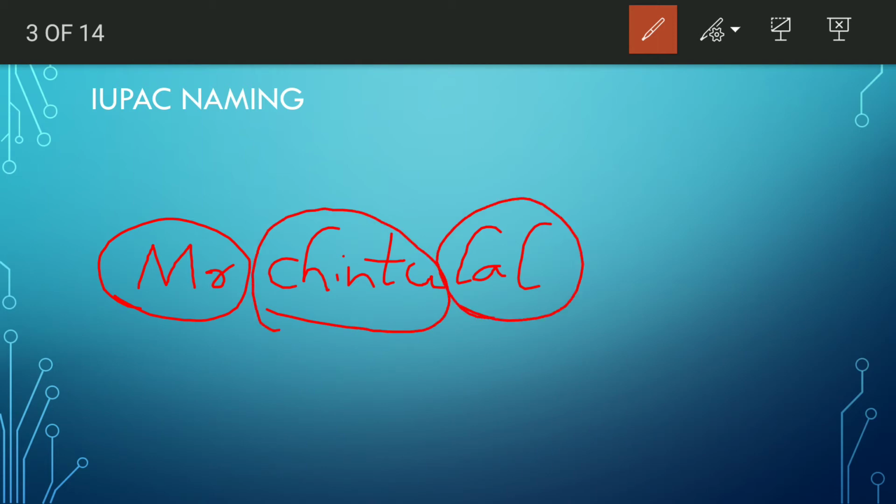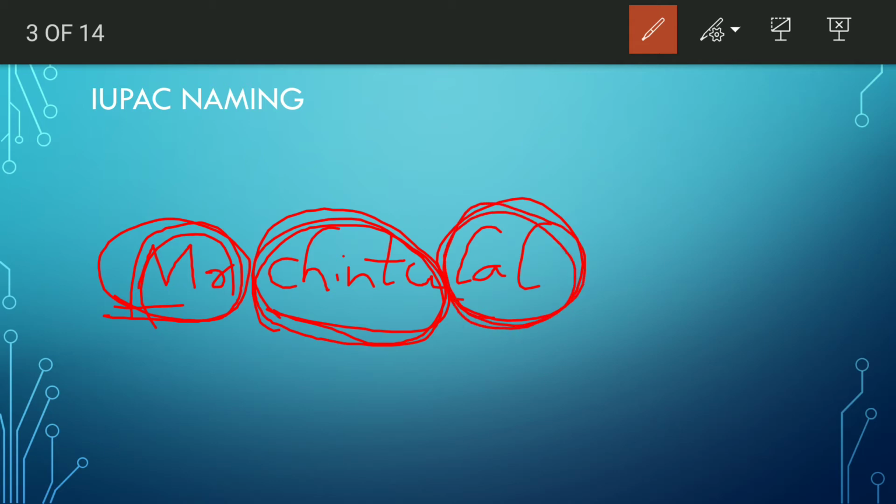Basically here Mr. is the prefix because it came in the front, right? It's a prefix. And this Chintu is a word root and Lal is a suffix, right? In a person's name we find these three elements, right? This is a prefix, this is a word root, and this is a suffix.